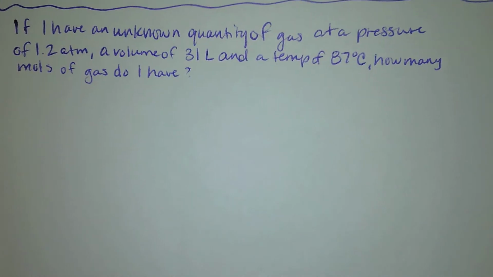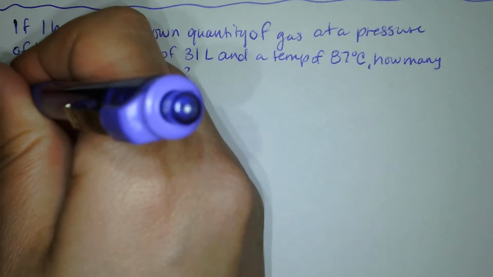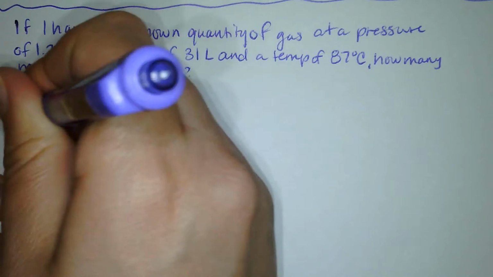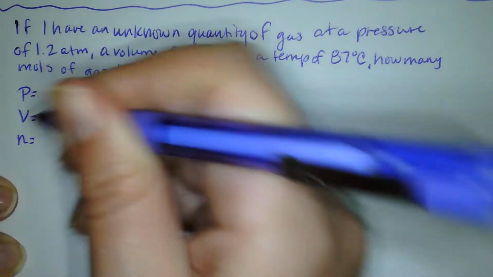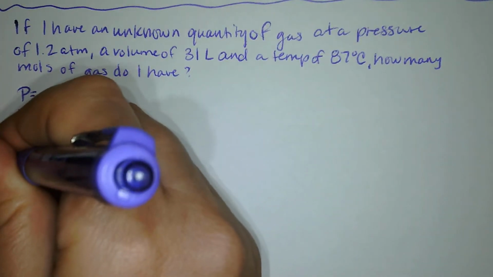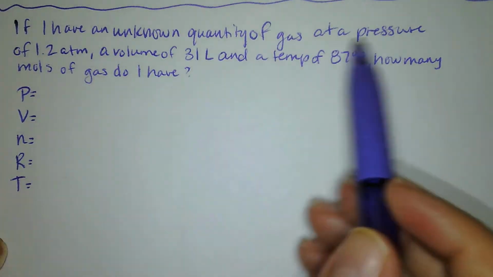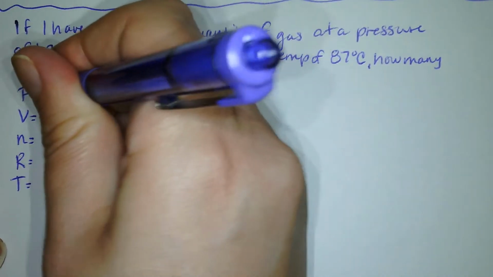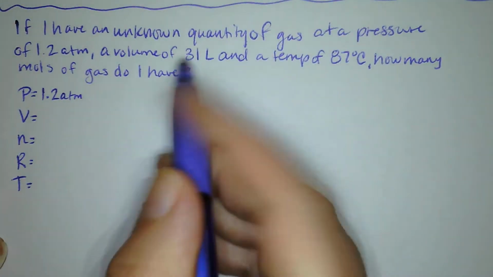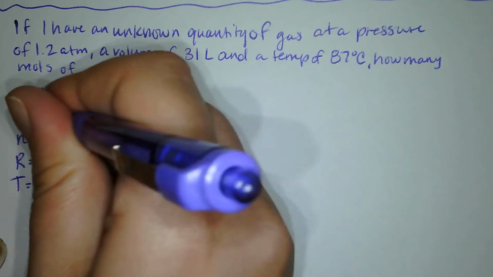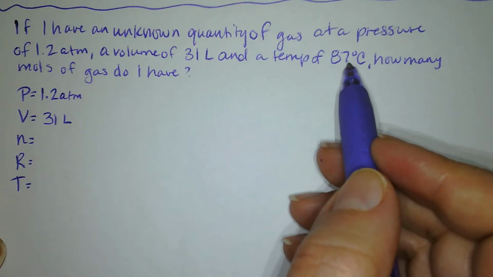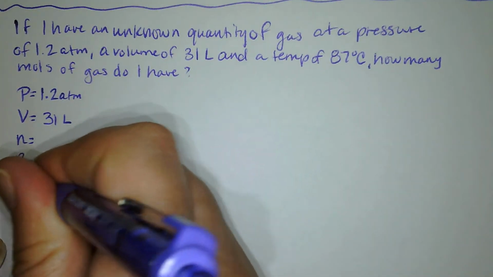All right, so let's start off. Pressure, volume, number of molecules, R, and temperature. Let's fill them in. Pressure of 1.2 atmospheres. Volume of 31 liters. Temperature of 87 degrees Celsius.